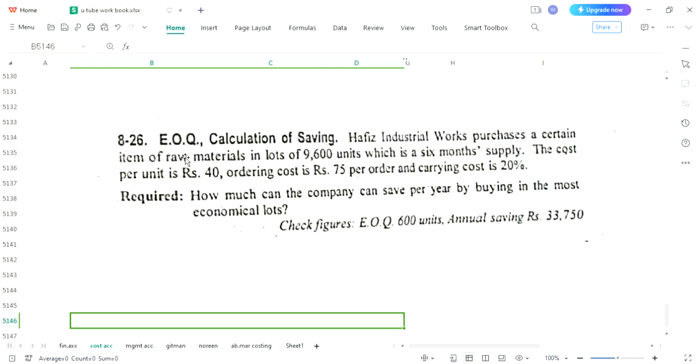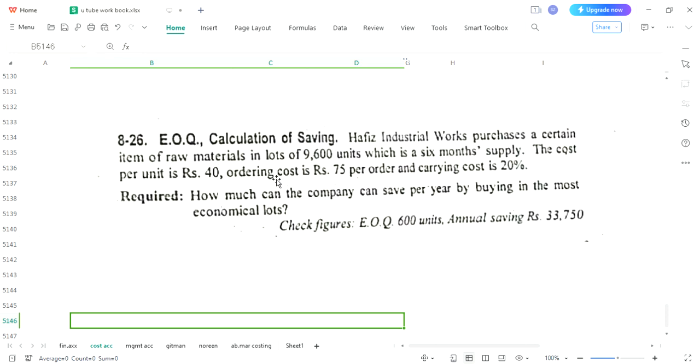Now we claim that if you place orders according to economic order quantity, you will pay the least and get maximum financial benefit. The process of this question is very simple. You can see we have a 3-4 line question.